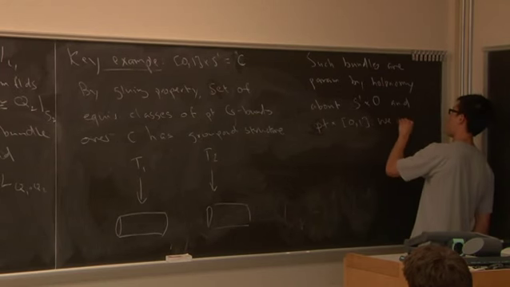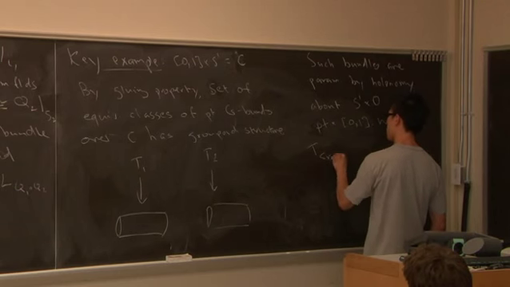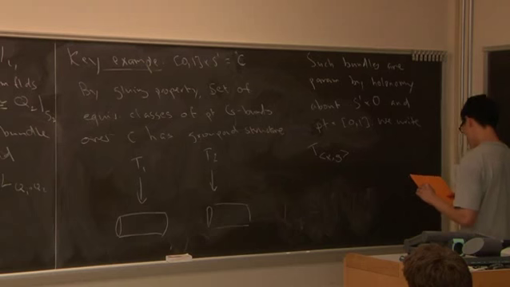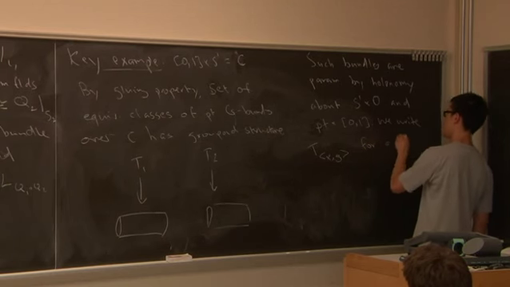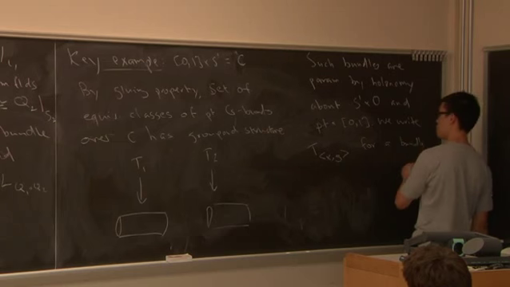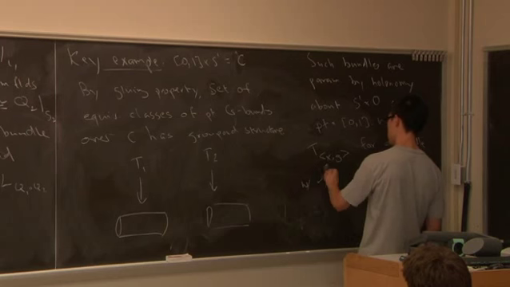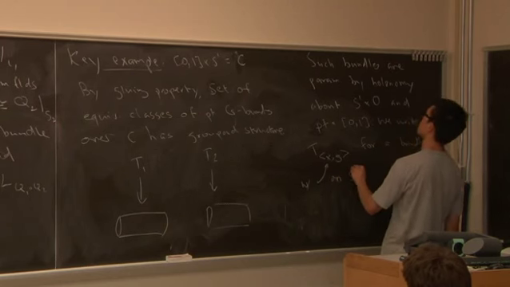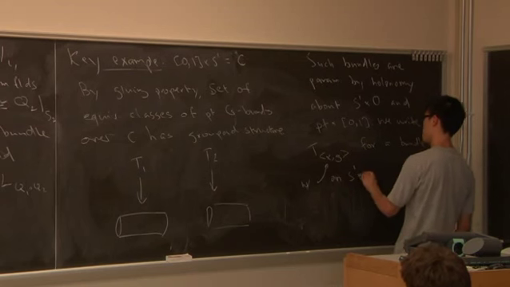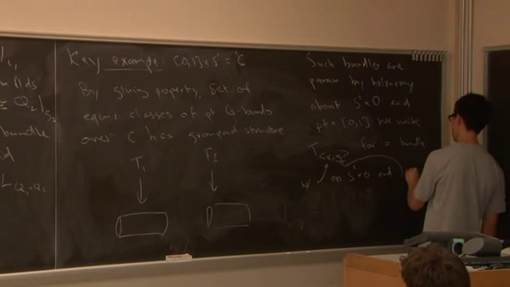And so we write T of X, G for a bundle with this holonomy on S1 cross 0, and on this sort of interval part.